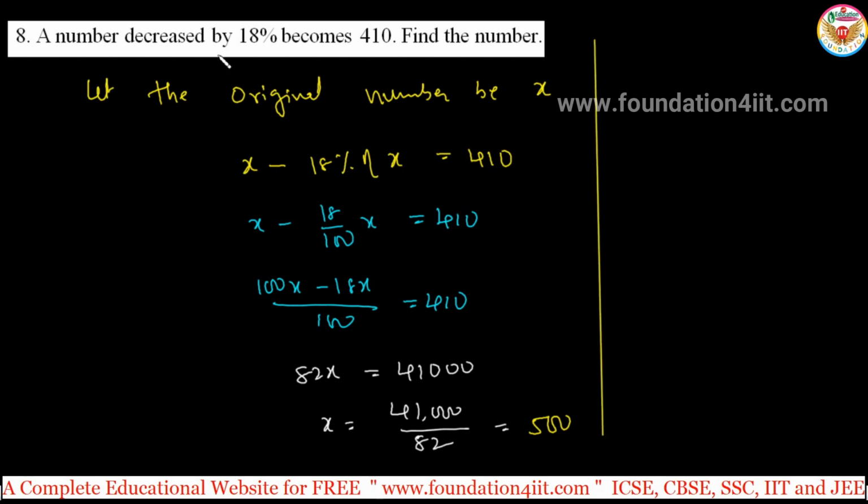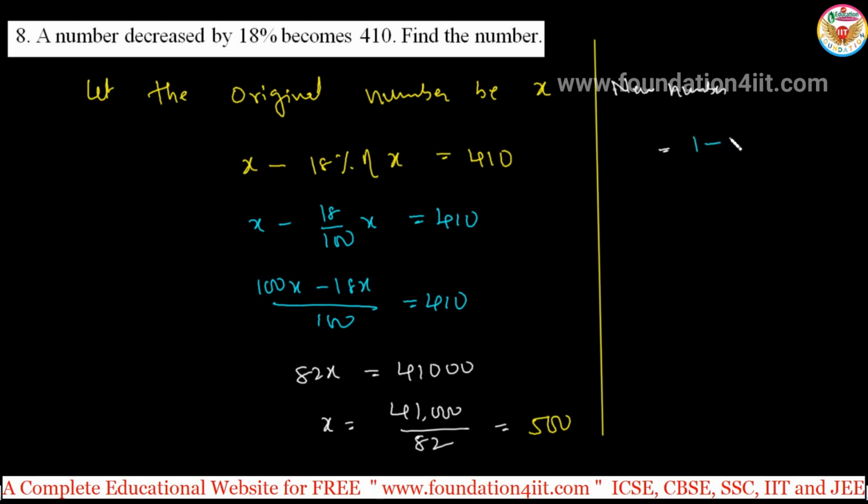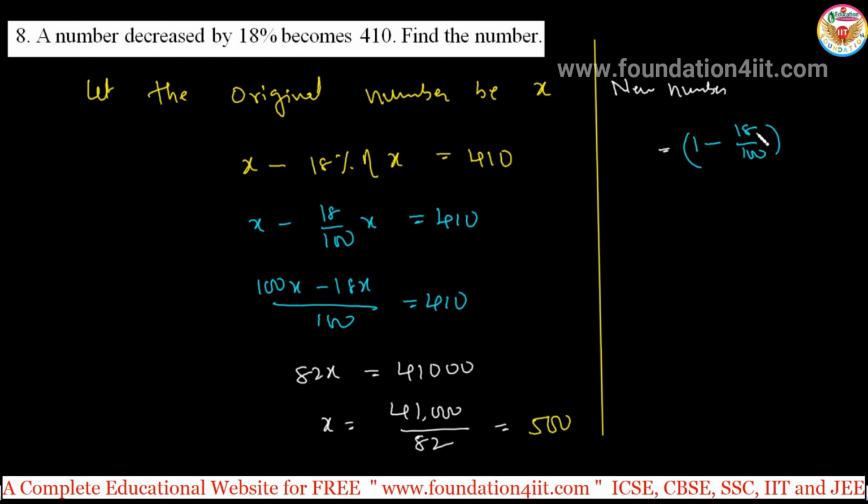For the same problem, if you want the direct method, if you want to find the new number, because this value is decreased by 18%, that means 1 minus 18 by 100 into the original number. So because of decreasing it becomes 410. We checked the previous one, same type.